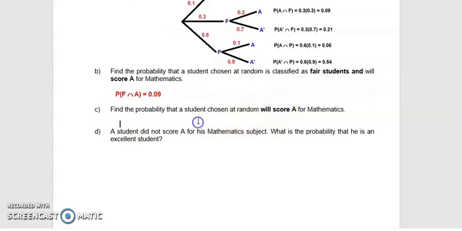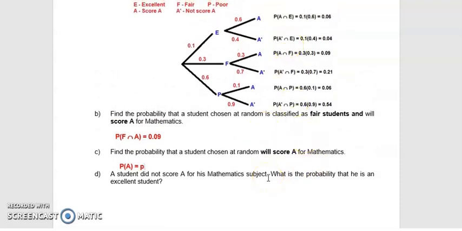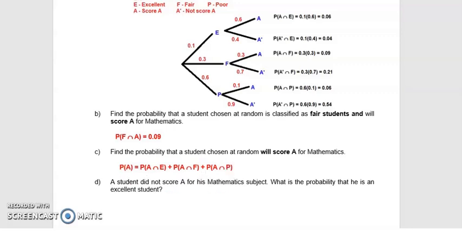So we want to find the probability of students who score A. This one is given by the probability of A intersect E, or plus the probability of A intersect F, or the probability of A intersect P. So what is the probability?